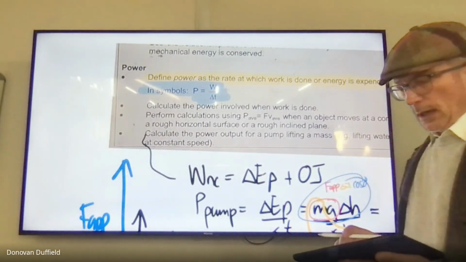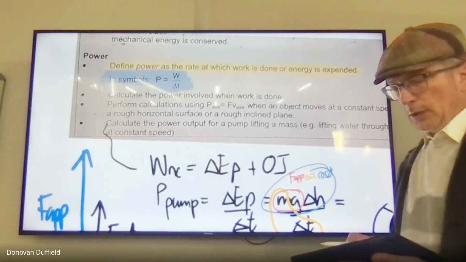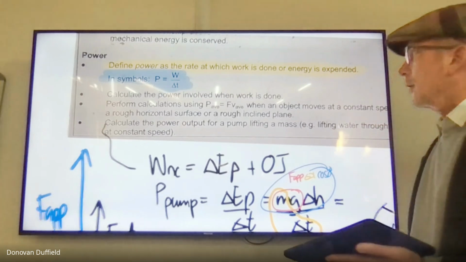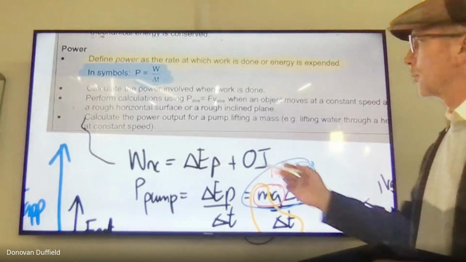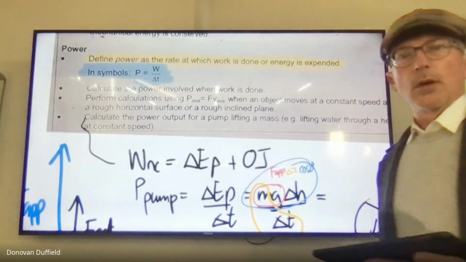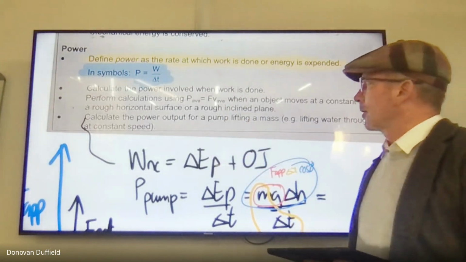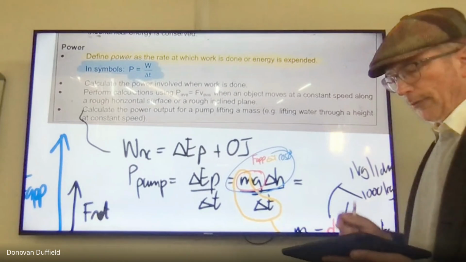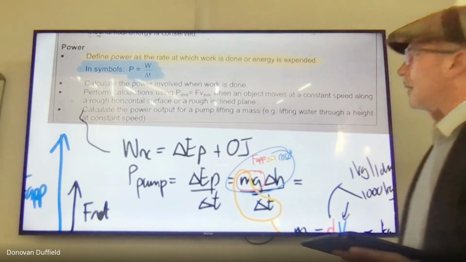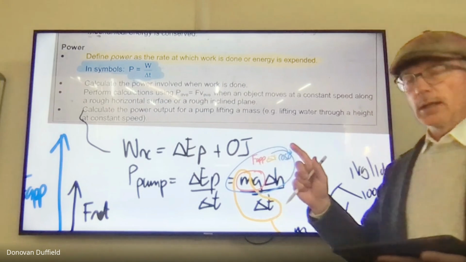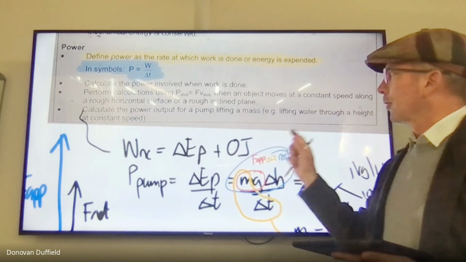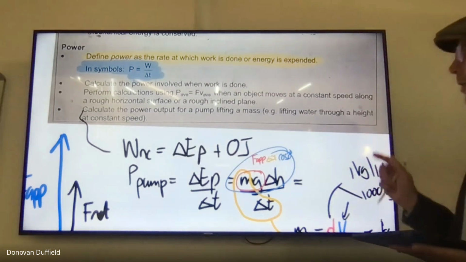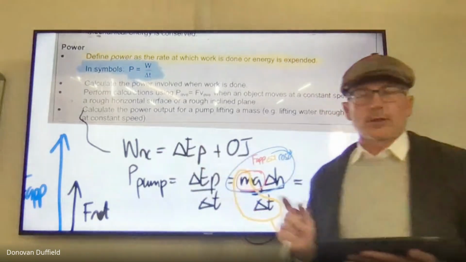The exam study guidelines state that you need to be able to calculate the power involved when work is done, perform calculations using P average as force multiplied by the average velocity when an object moves at a constant speed along a rough horizontal surface or a rough inclined plane, and then calculate the power output for a pump lifting a mass, lifting water, for example, through a height, and notice at a constant speed.